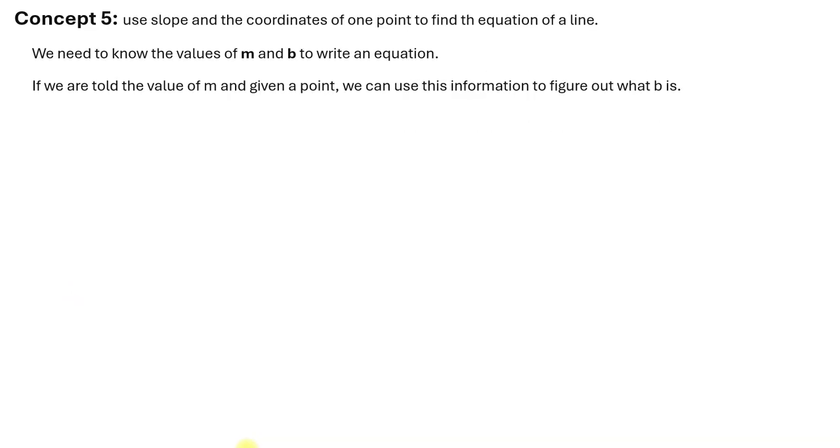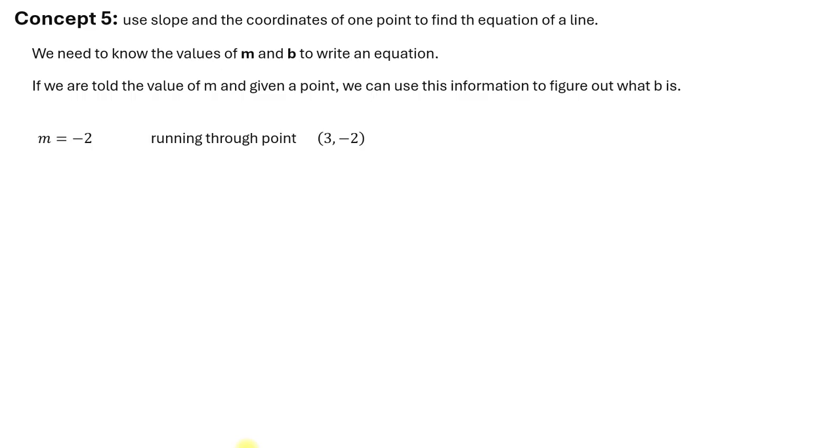Concept 5. Use the given slope and the coordinates of one point to find the equation of a line. We need to know the values of m and b to write an equation. If we are told the value of m and given one point, we can use this information to figure out what b is.